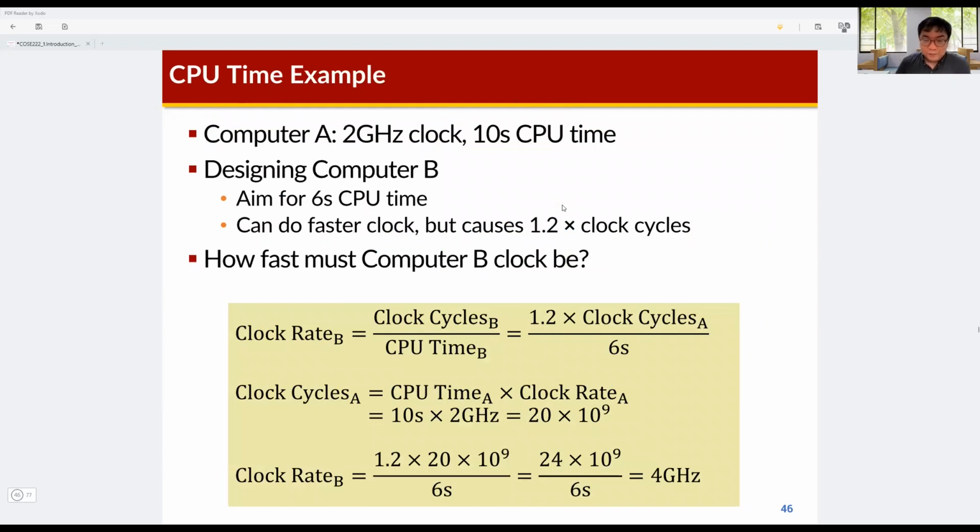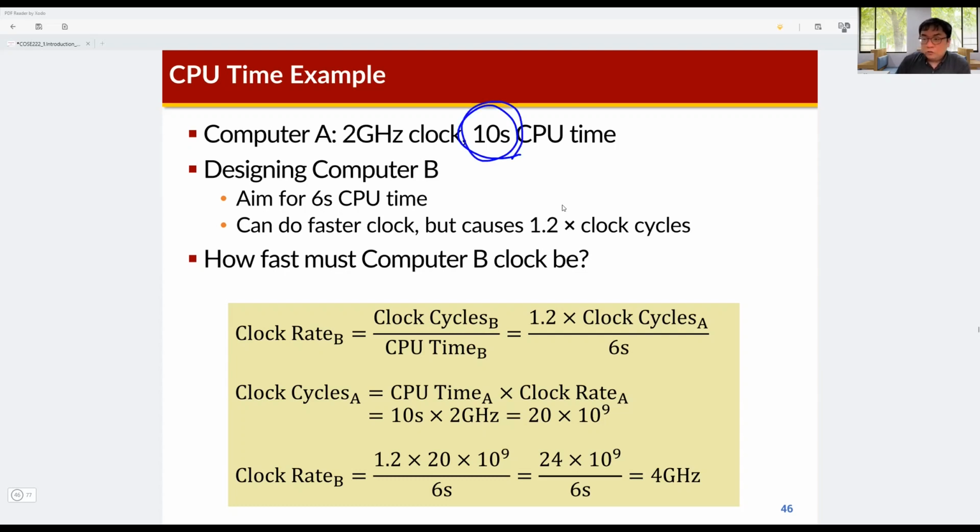Okay. So this is an example of comparing the performance of two systems. Let us assume that computer A has a 2 gigahertz clock signal, and the CPU time is 10 seconds.